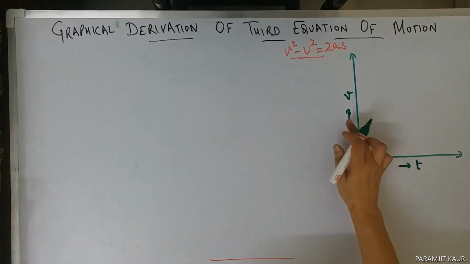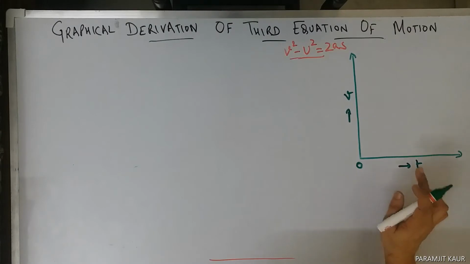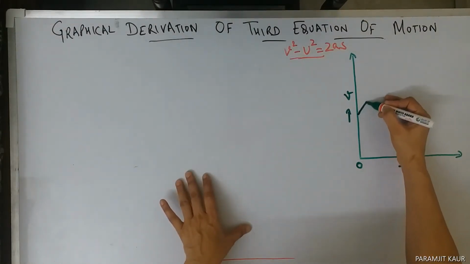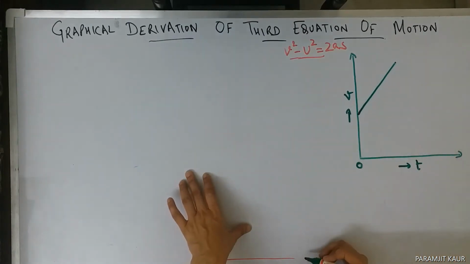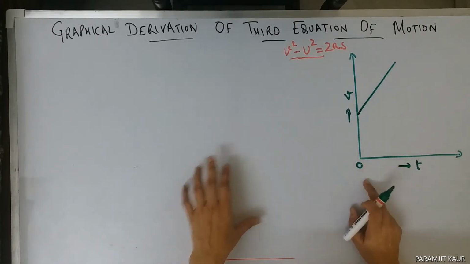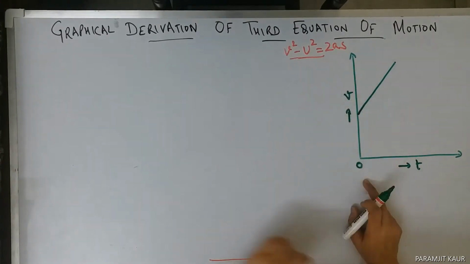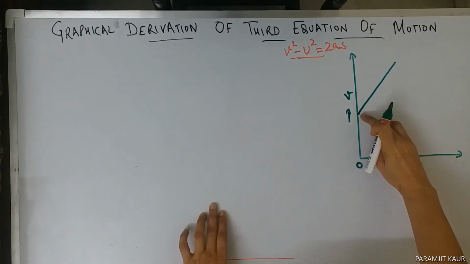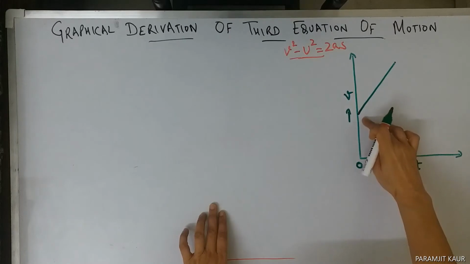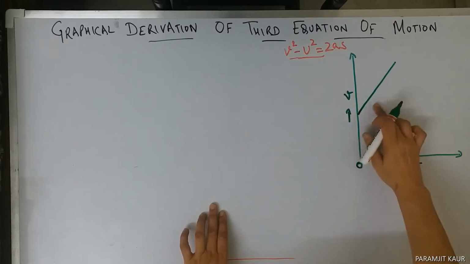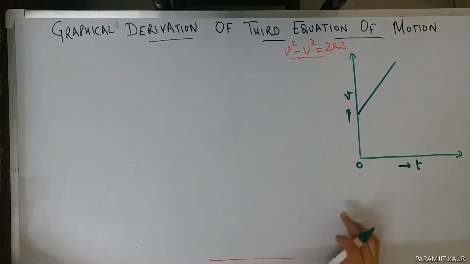So let us consider a velocity time graph when the initial velocity of a body is not 0. When the initial velocity of a body is not 0, the graph will not start from the origin. Rather, it will start somewhere on the velocity axis, as I have shown from here. When I draw from here, that means the initial velocity is not 0, it is something else.